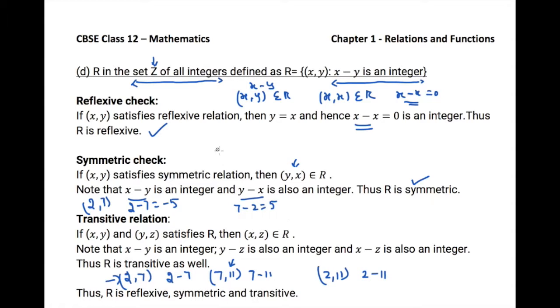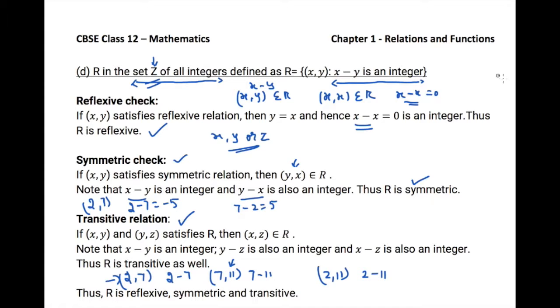Note that we need to take only integers for x, y or z, the reason being we are considering only the set of all integers, not the real numbers. So this is reflexive, symmetric and transitive as well. Hence it is an equivalence relation.